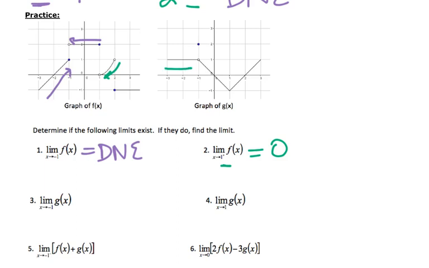So approach negative 1 from the left-hand side, we get 1. If we're approaching it from the right-hand side, it's also approaching the y value of 1. So this limit is 1.